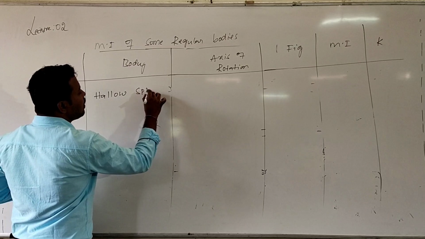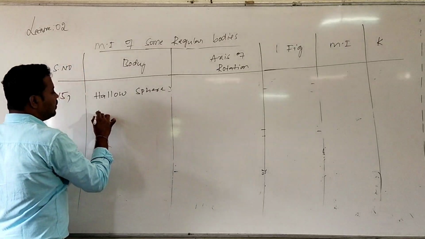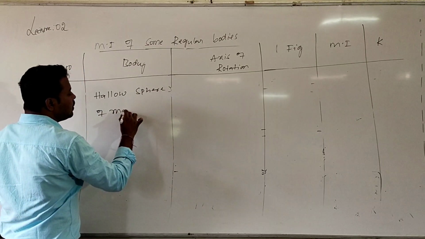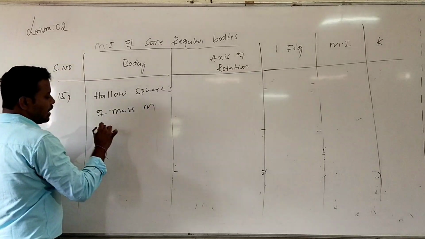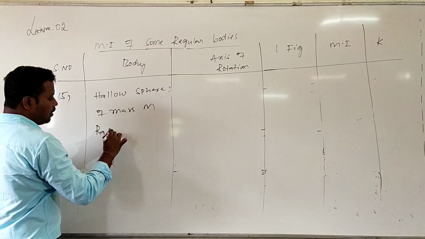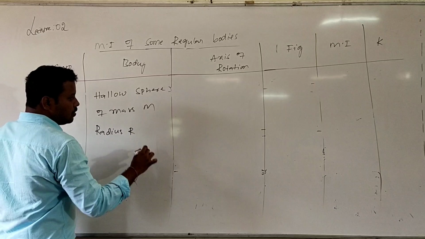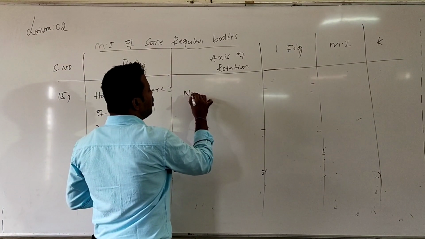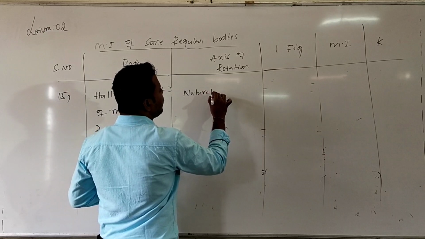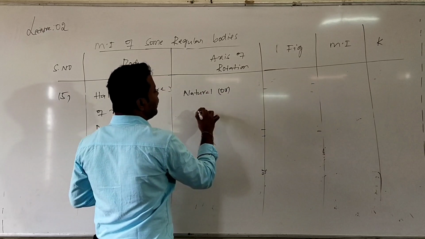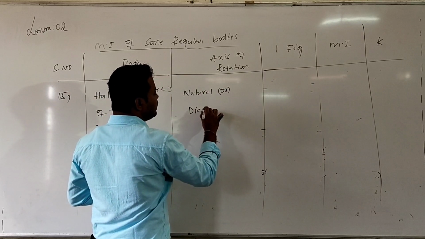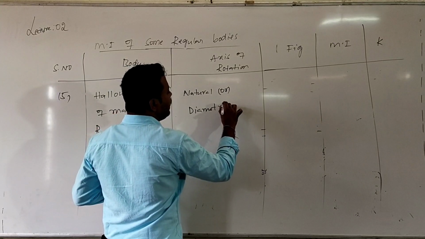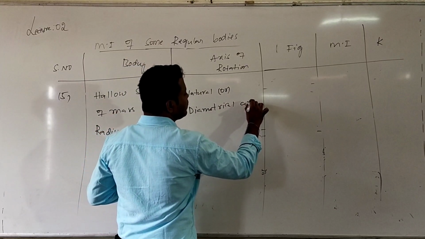So the fifth one is a uniform hollow cylinder or hollow sphere of mass capital M, radius capital R, about its natural or diametrical axis of rotation.